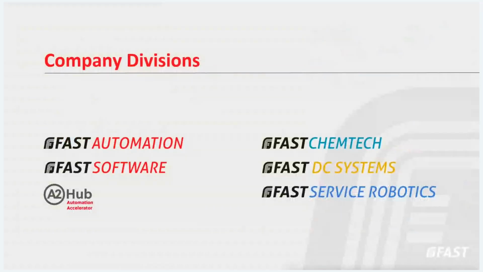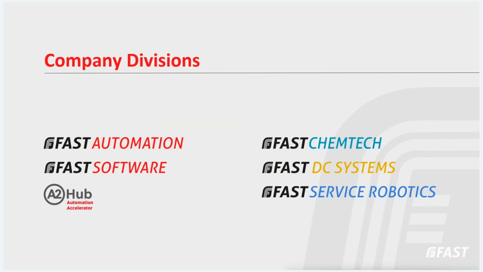FAST has been going for 25 years. We're based in Northern Ireland, and we have a number of divisions in the company: FAST Service Robotics, DC Systems, and Chemtech. The division I work in is our FAST software, which aligns closely with our automation and our A2 hub.